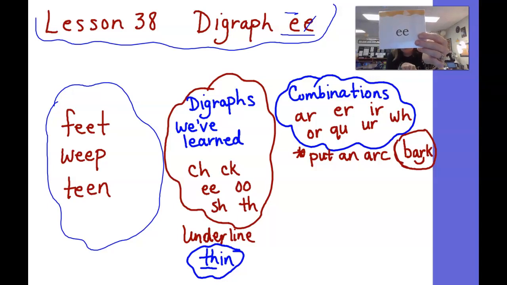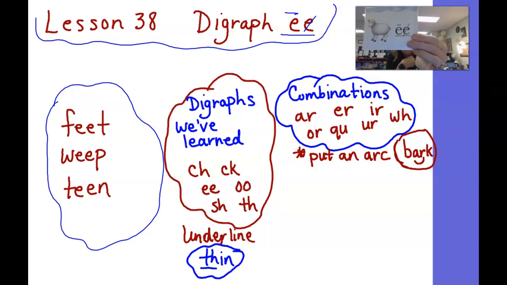You'll hear a long E sound, but there's two E's there, so there's a special way that we code these. Here is our picture card for today, sheep. On the picture card, they showed you how to code it. We only hear one E, so we're going to put a macron over the first E, cross out the second E, and because it's a digraph, underline both E's.